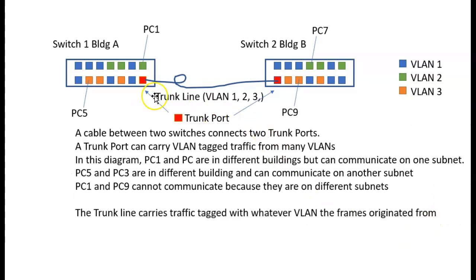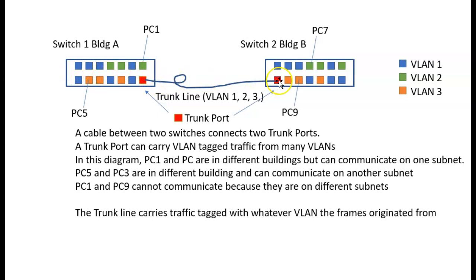Now, it is possible for me to configure this trunk line to only carry certain VLANs and not others. That is a configuration issue, but in general, we would say that it carries all of them. And by the way, one thing I'll mention here that isn't strictly in my notes, and that is that by default, VLAN 1 is something we call the native VLAN, and that means that it does not carry any tags.